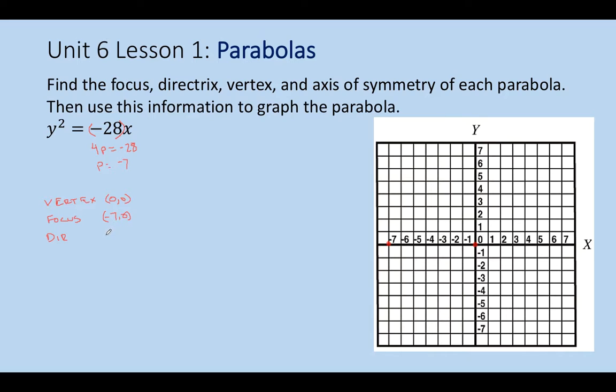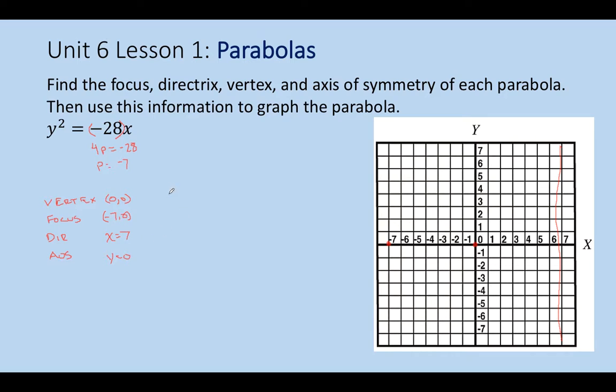So that means x equals 7, right here, through the x-axis at 7. And what else do we need? The axis of symmetry is going to be a horizontal axis of symmetry, so y equals 0, or the x-axis. All right, so we've got all of that information here.